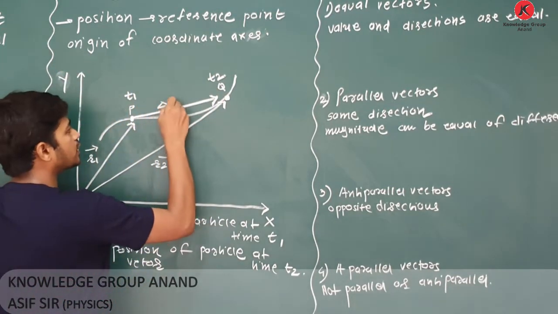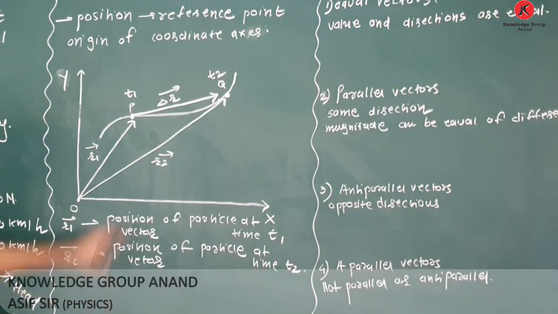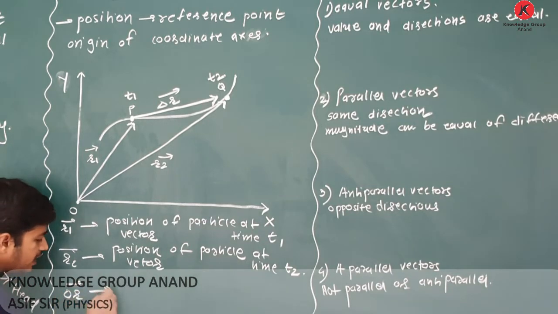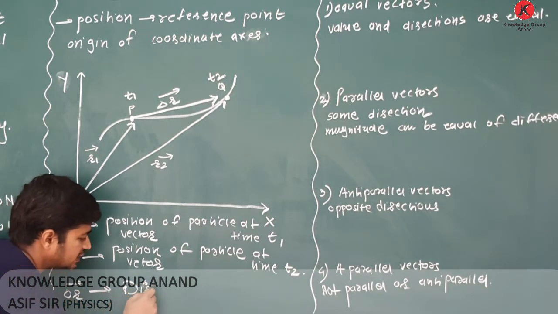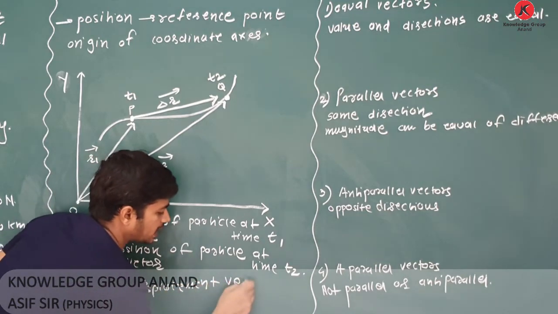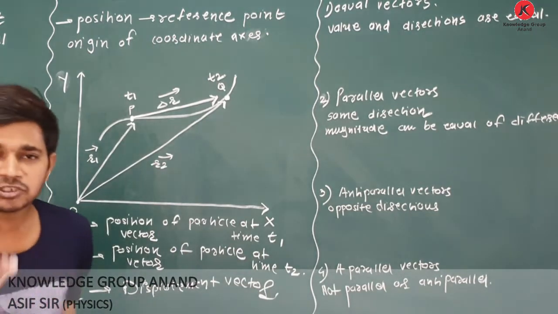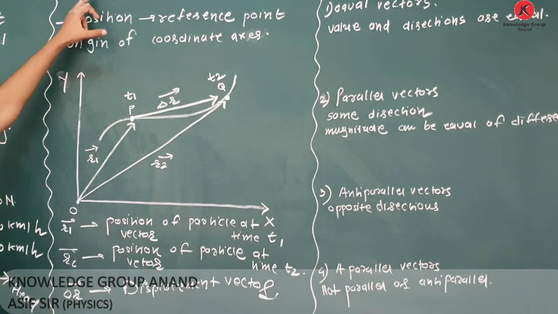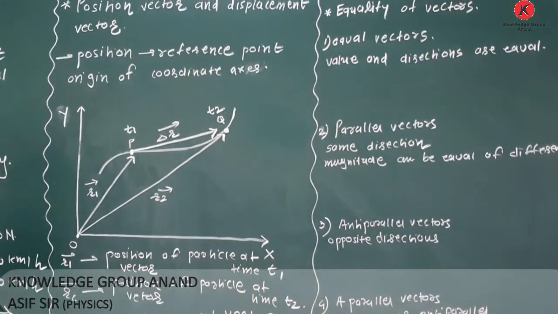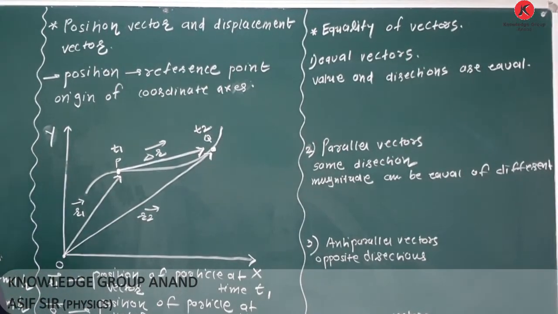It is nothing but displacement, change in position, delta R. Delta R is called the displacement vector. So your chapter starts with these two definitions, position vector and displacement vector. Position vectors R1 and R2, and delta R is called the displacement vector.